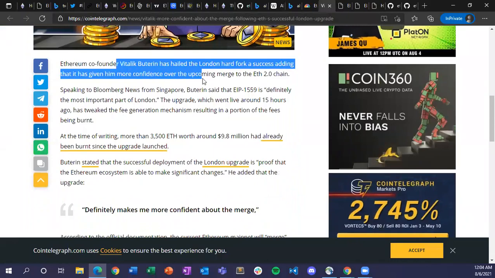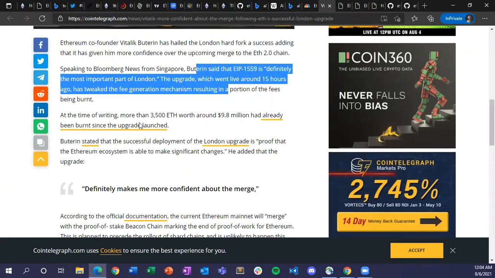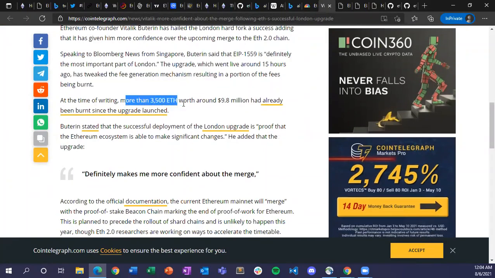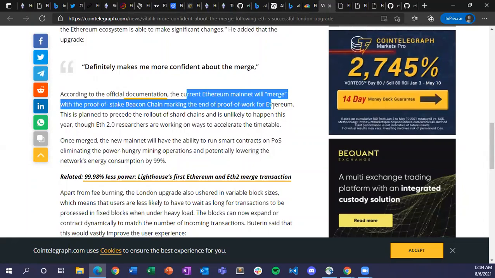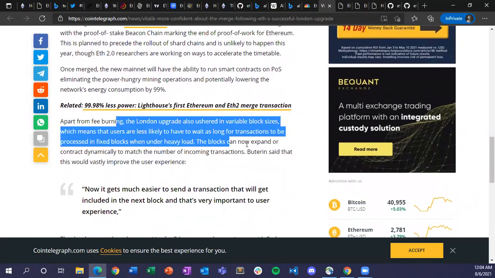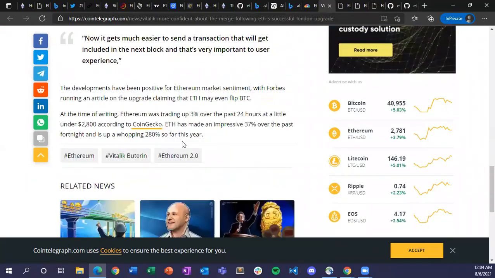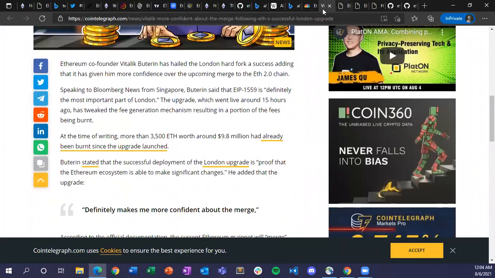So it's a success, and definitely the most important part of the London upgrade. More than 3,500 ETH, around 9.8 million, has been burned. The current mainnet will merge with the proof of stake beacon chain, marking the end of proof of work. So yeah, very interesting stuff and very good words from the founder of Ethereum.